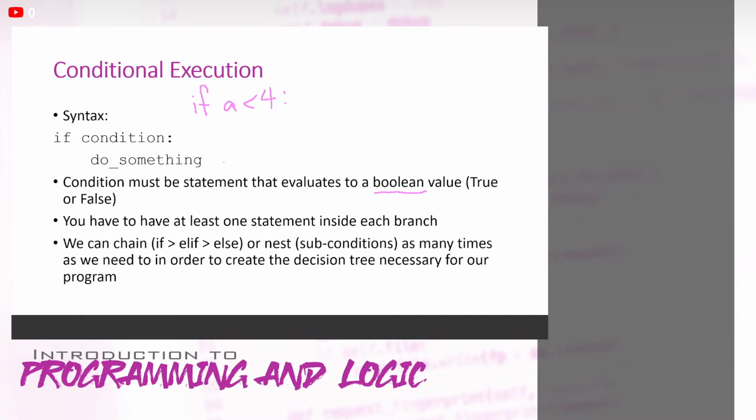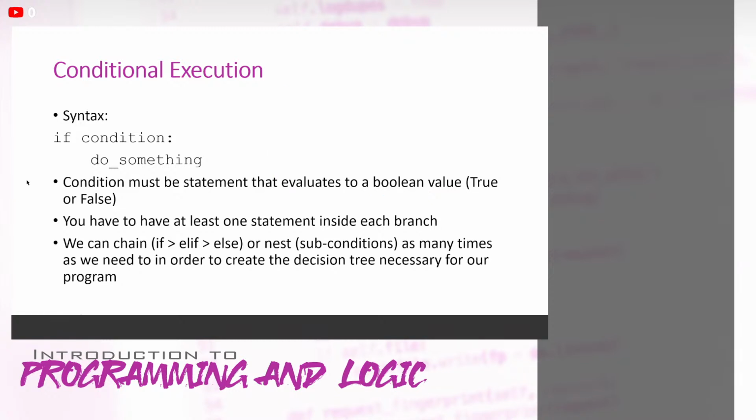If we were to draw a structure for what that would look like, we'd start out with some condition, and we'd have a whole bunch of different paths for our program to follow. If we were to nest a condition, then that's going to be an if statement with another if statement inside of it.